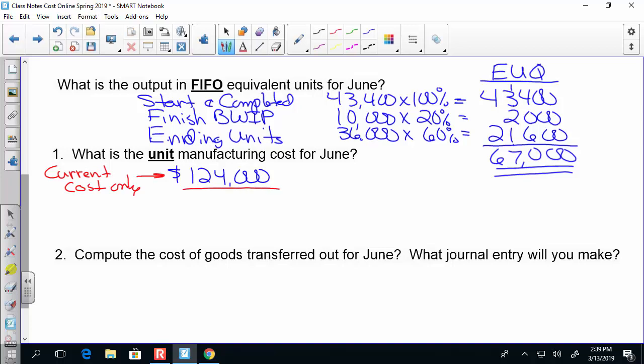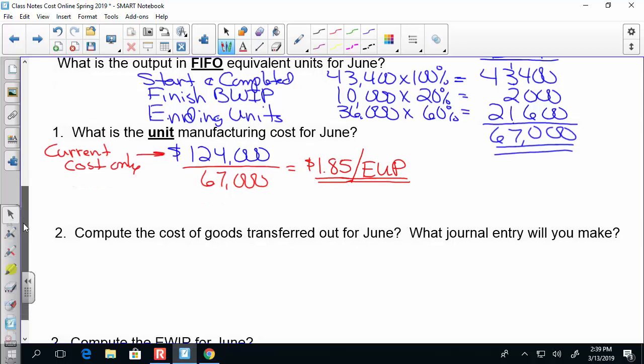And we're going to divide that current cost by the equivalent units that were produced this period of 67,000 equivalent units. And we get $1.85. Not exactly perfect, there is some rounding here. Equivalent units of, I should put, I don't know why I put Q, EUP, EUP is the proper designation. Equivalent units of production.